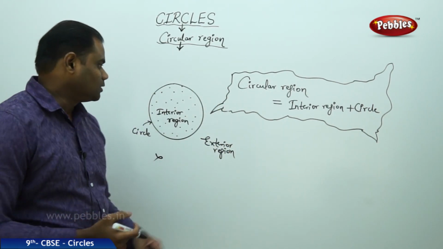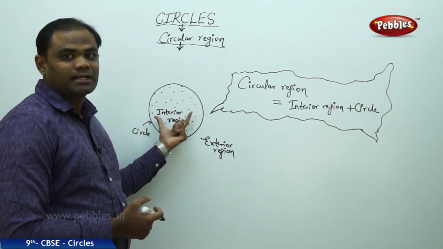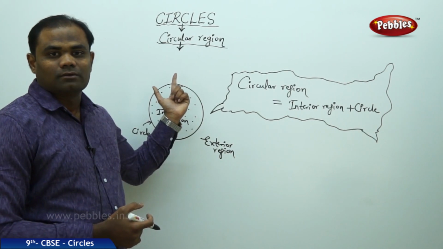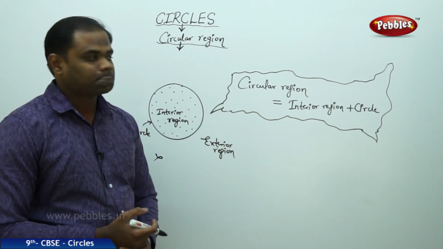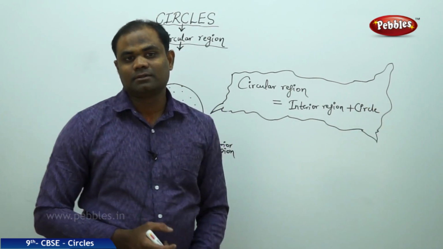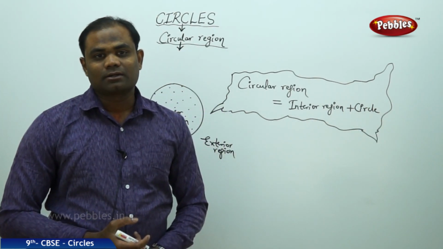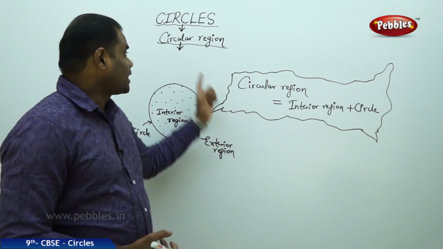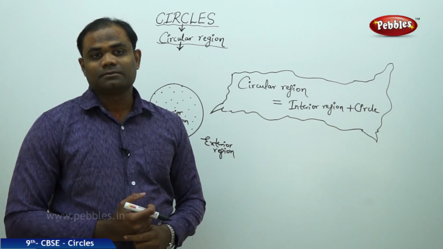Circular region equals interior region as represented by the dotted plot and the circle, but not the exterior region. This equals interior region plus circle. It's how we understand the contrast between interior region, exterior region, and the circular region.